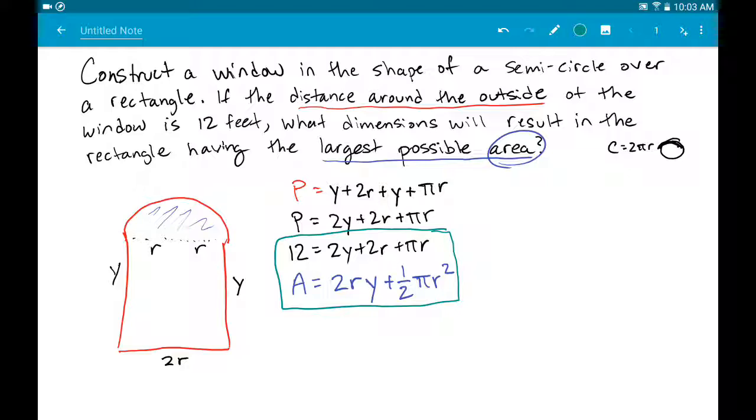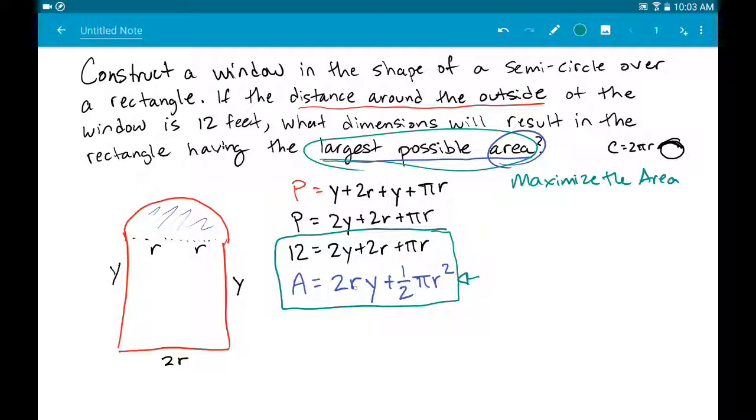Before you ever take the derivative, and in this case, when we want the largest possible area, that means we want to maximize the area. So at some point we're going to need to take a prime. But in order to take a prime, it'd be really convenient if this was in one variable.